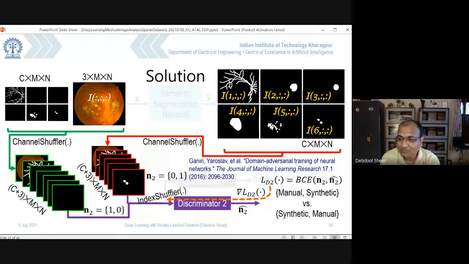Otherwise, what you are asking this discriminator is, I'm giving you 2 inputs, you tell me whether the first one is synthetic or the second one is synthetic. Simple. Synthetic is whatever is the output of the segmentation network. Now, if I don't mask the output, like whichever class is absent in the input, I make it absent in the output, then wherever it sees a bunch of tensors where all of these things are present, it would say that is synthetic.